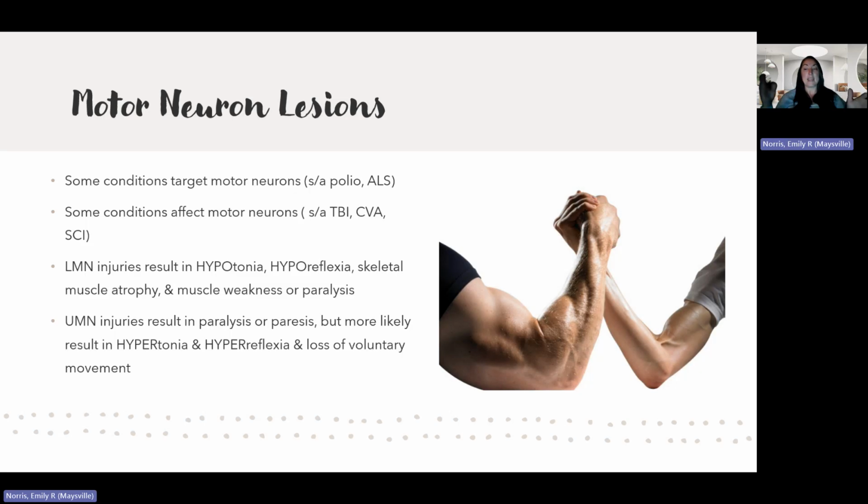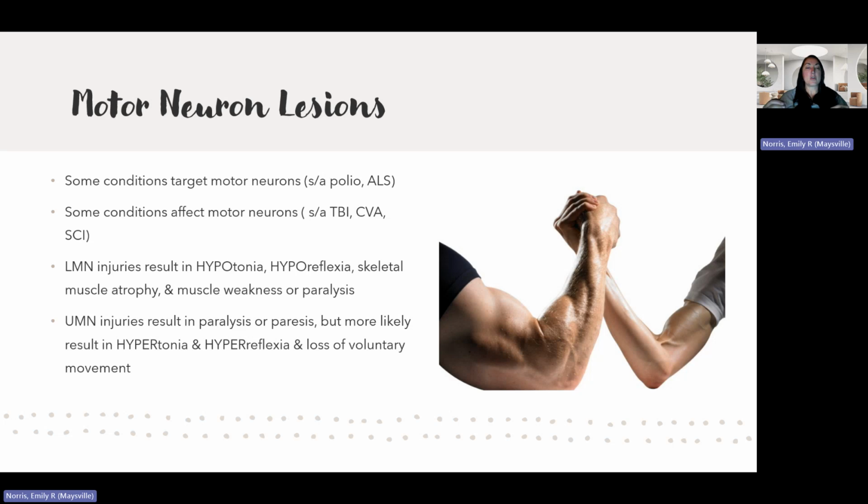Polio is lower, ALS is lower and upper, and then some affect upper motor neurons. I left a word out in both of those, I'm sorry about that. The brain injury, the stroke, and spinal cord injury all affect upper motor neurons.